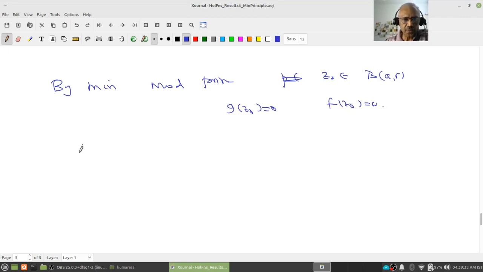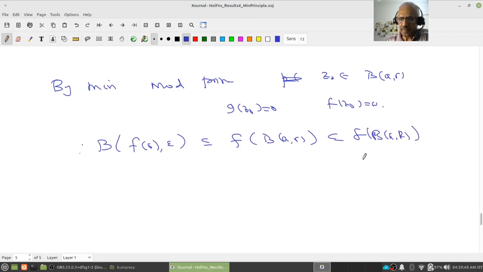So we proved f of B of f of a epsilon is contained in f of BAR, which is contained in f of BAR, etc. Therefore, FA is an interior point of this, and A was arbitrary, therefore this is open. Okay, pause, review, proceed.